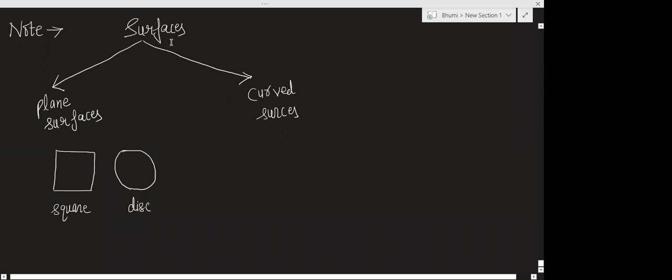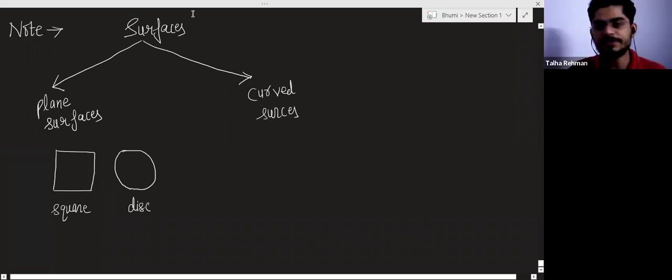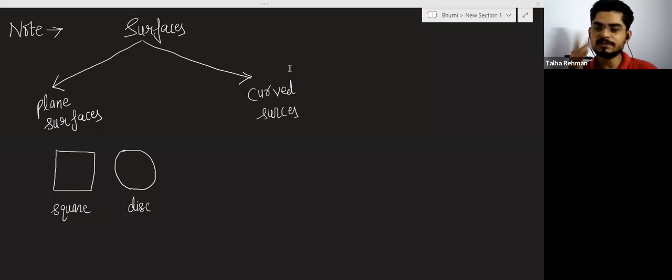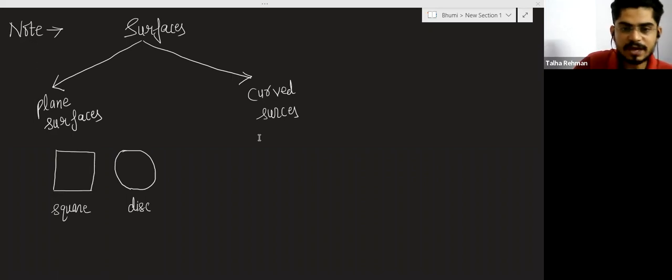Square is a plane surface, a two-dimensional surface. Disc is also a two-dimensional plane surface, and the curved surfaces are sphere.